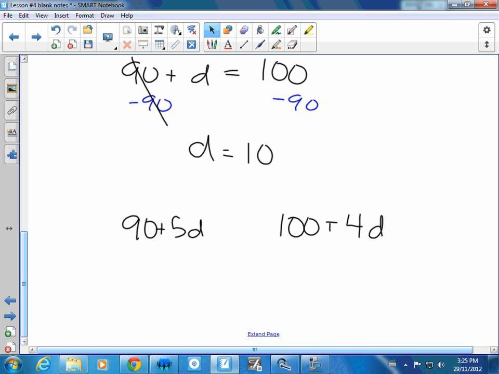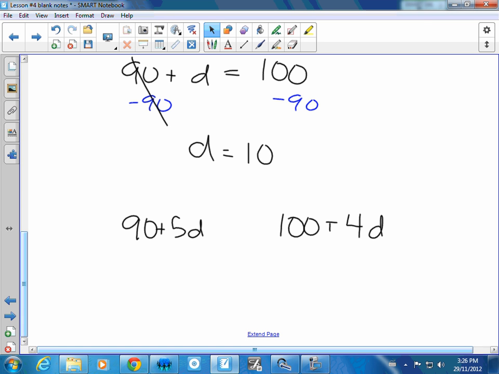Which one's cheaper? If it's 10 days, it is exactly the same. Okay? Okay. What about this one? What would this be for?